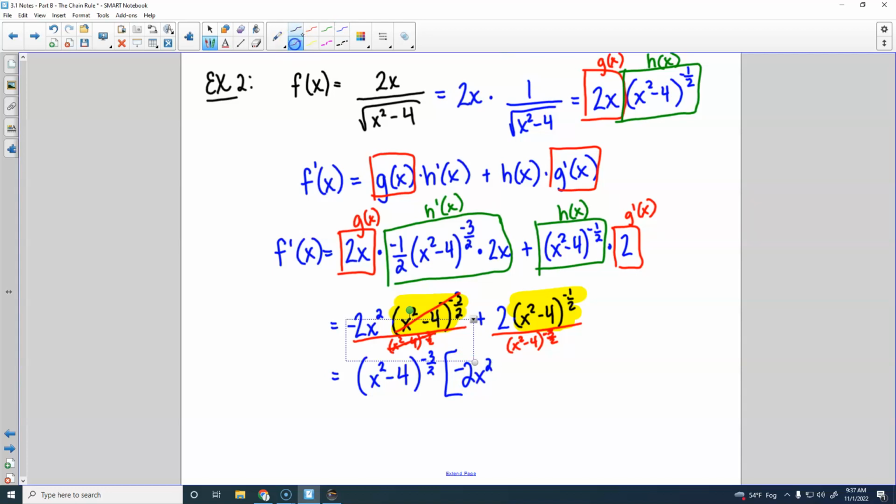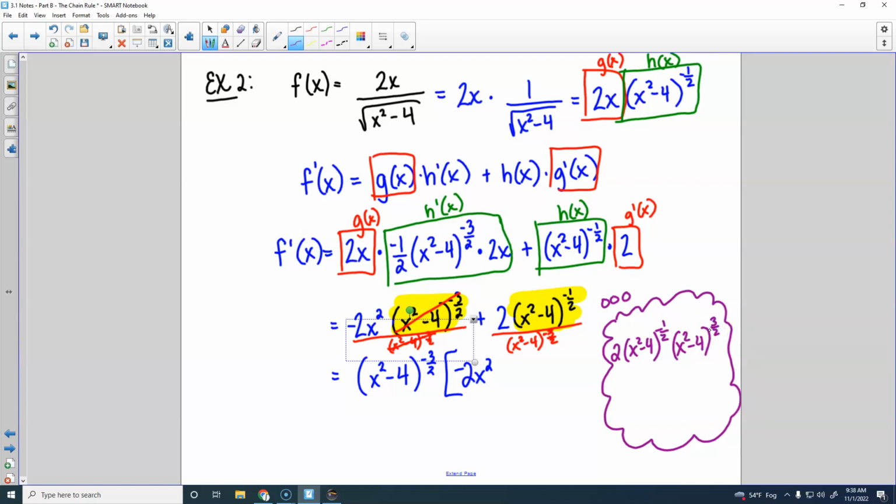The second term, you definitely don't have to write this, but I'm going to do a little thinking bubble here about what's actually happening, so we can think about it. What happens here is I've got 2 times x squared minus 4 to the negative 1/2, and then if I move this up to the top, I've got x squared minus 4 to the positive 3/2.